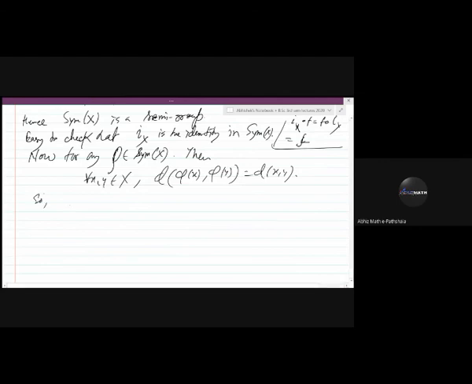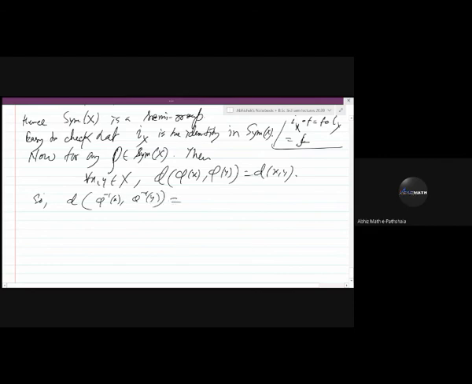So consider d of phi inverse x, phi inverse y.